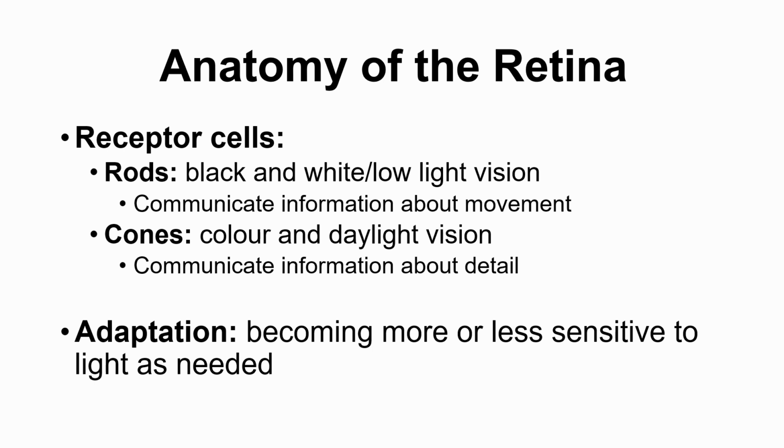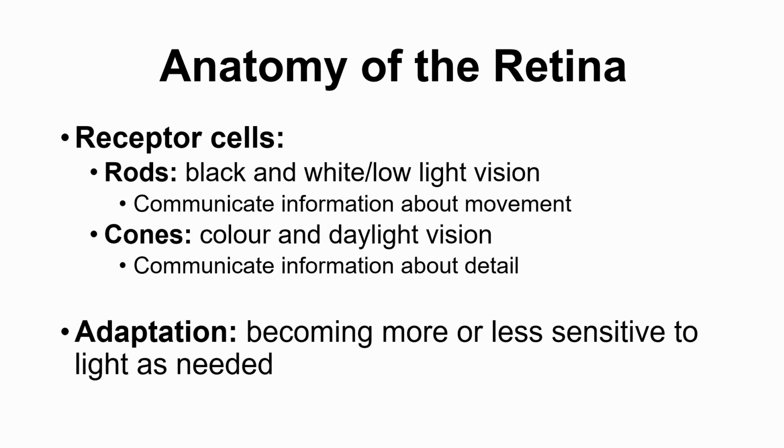And that's why we rely on our cones during the day, but our low energy requiring rods can function well at night. And our cones also give us a lot of information about detail. So detail and color come from our cones, and then just black and white and movement information would come from our rods.